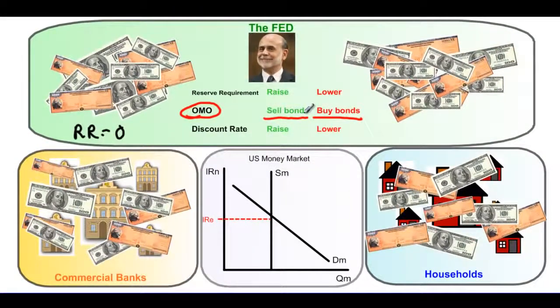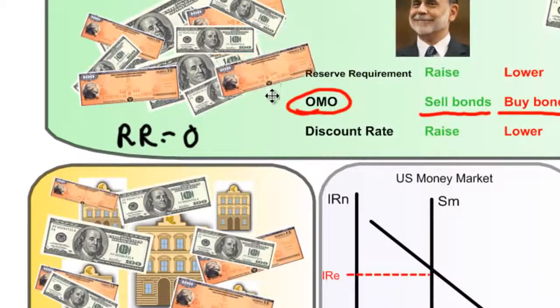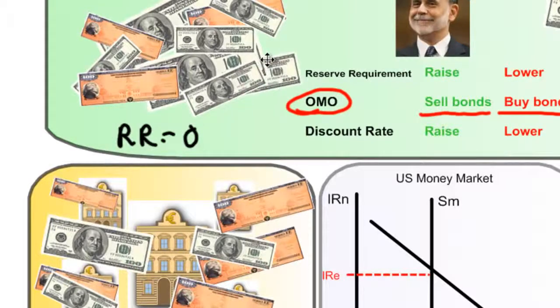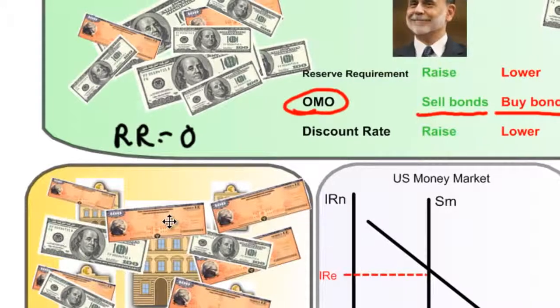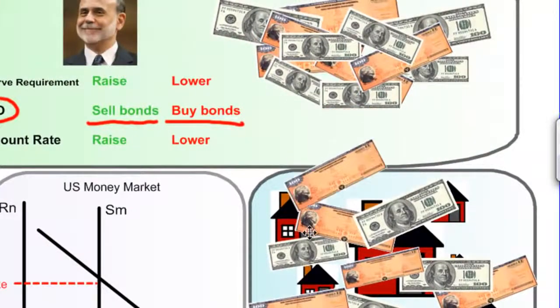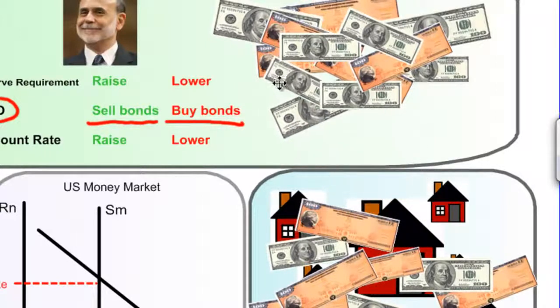If the Federal Reserve started to sell bonds to commercial banks, then we would see money flow from commercial banks to the Fed in exchange for illiquid bonds. There is now less money in commercial banks to be loaned to households. In addition, if the Fed sells bonds to households, we're going to see bonds go into the pockets of households and money come out of the pockets of households.